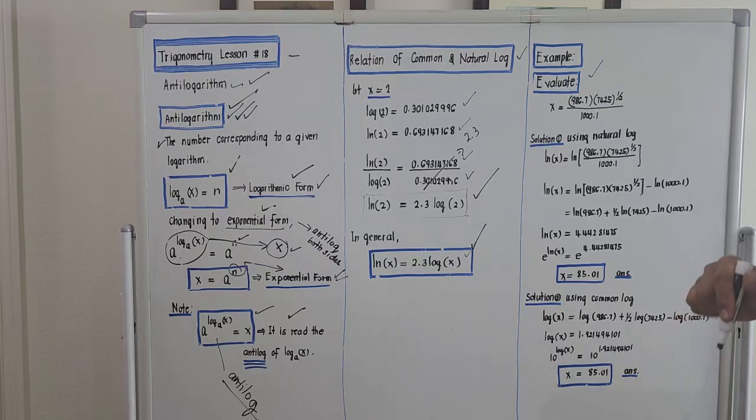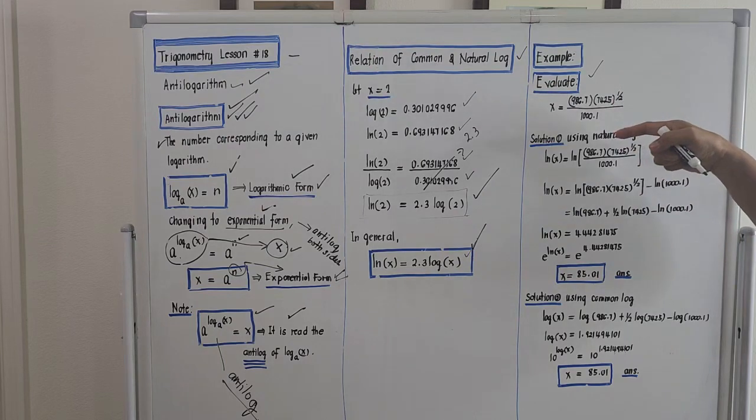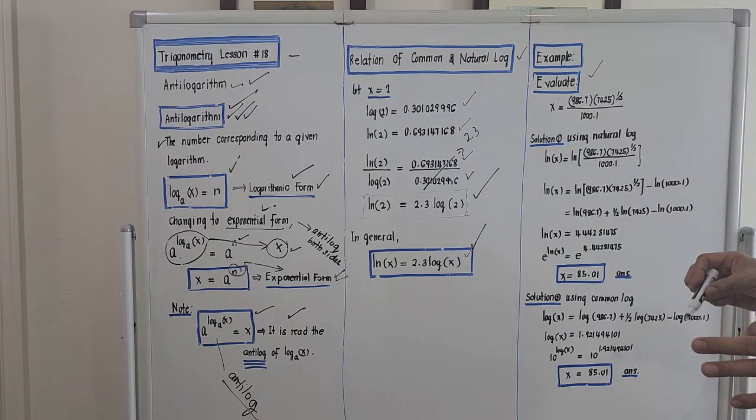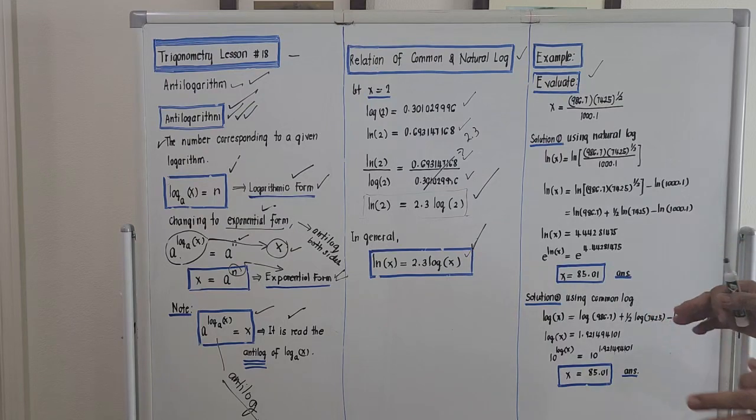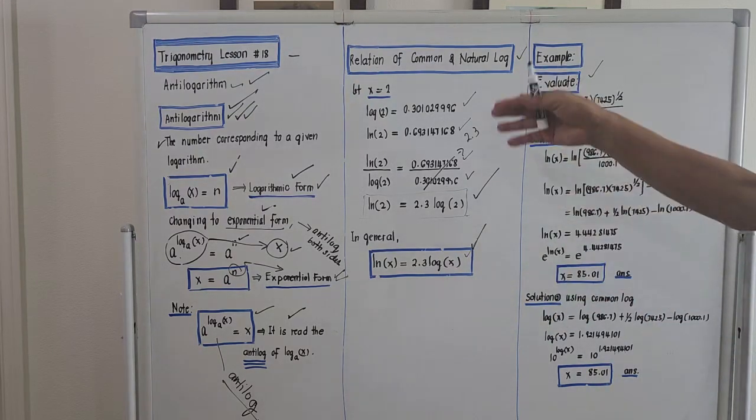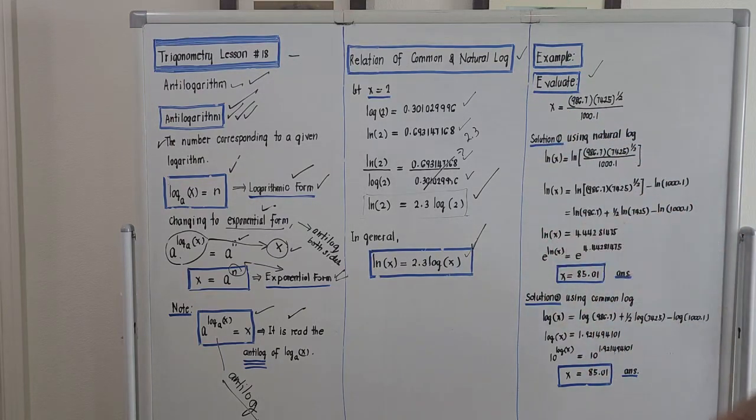This is just an easy problem, but the main important thing here is just the concept that we use in the computation. It's an easy one, but we are just presenting the concepts of the laws of logarithms to solve any given problem.